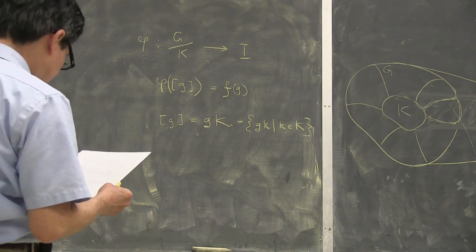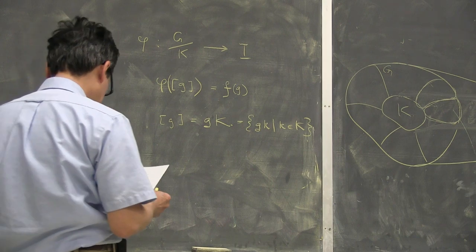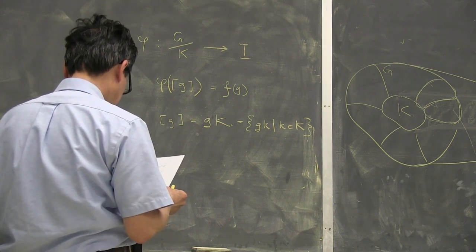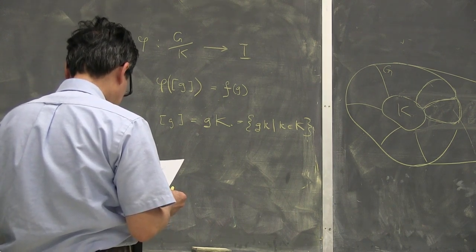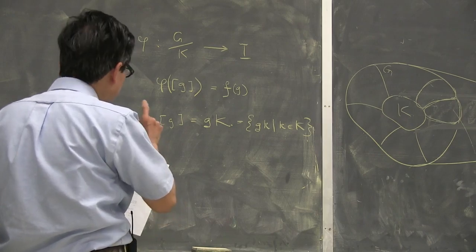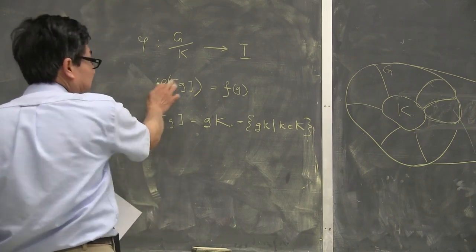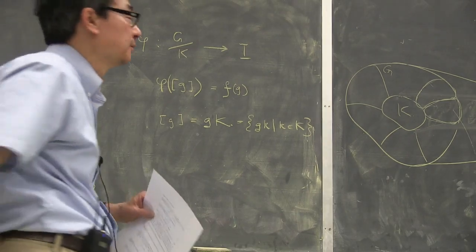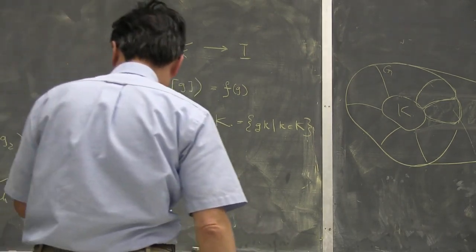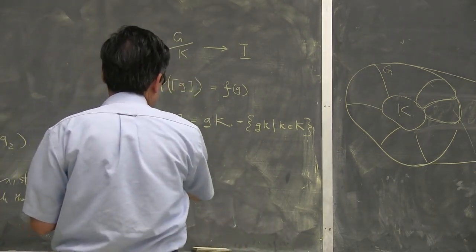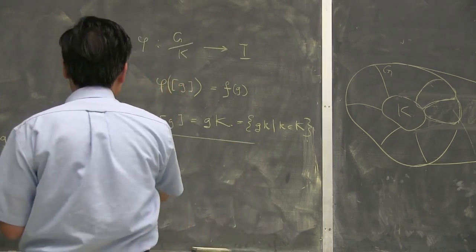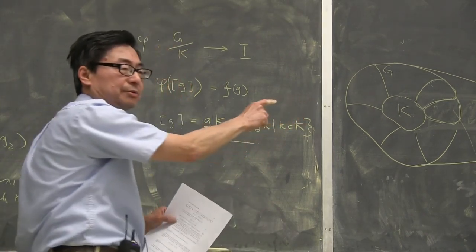What happens now if I do, first of all, I'm going to show that this is a group homomorphism first. I'm going to show that this is a group homomorphism, okay? So I want to show this by writing something like this. How much time do I have? Can I take that picture away?